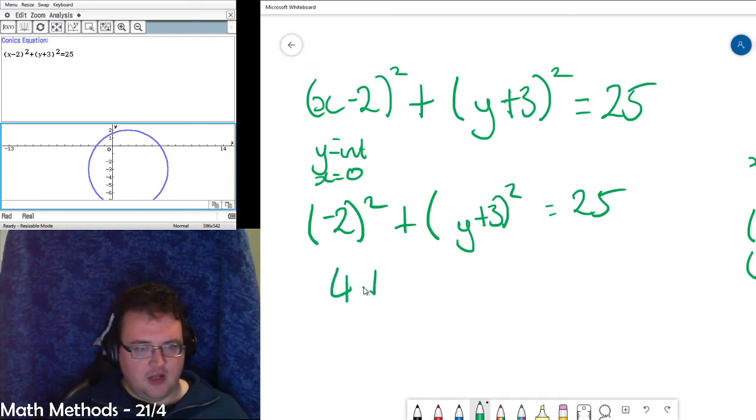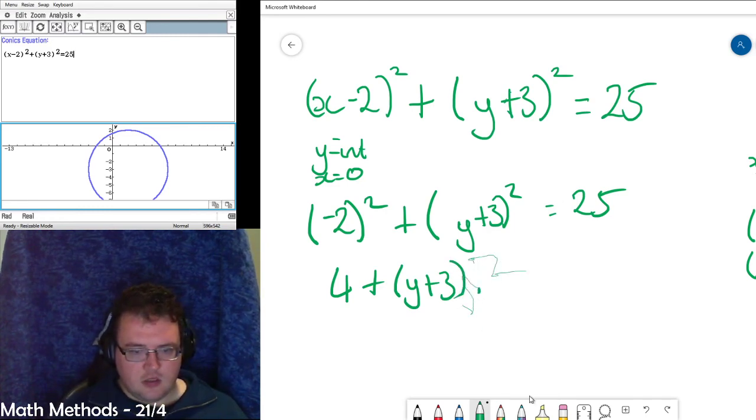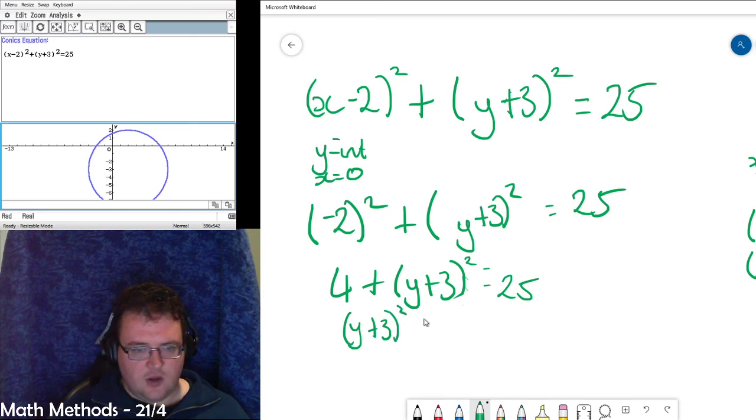So it's going to be 4 plus (y plus 3) squared equals 25. Minus 4 from both sides, I get (y plus 3) squared equals 21. Square root both sides: y plus 3 equals plus minus the square root of 21.